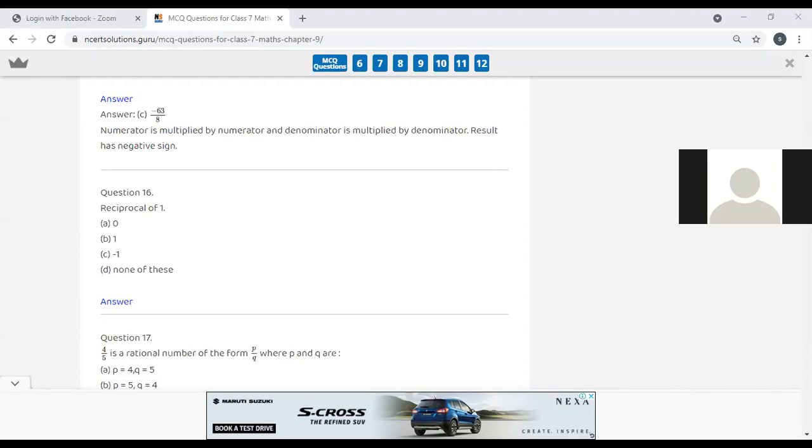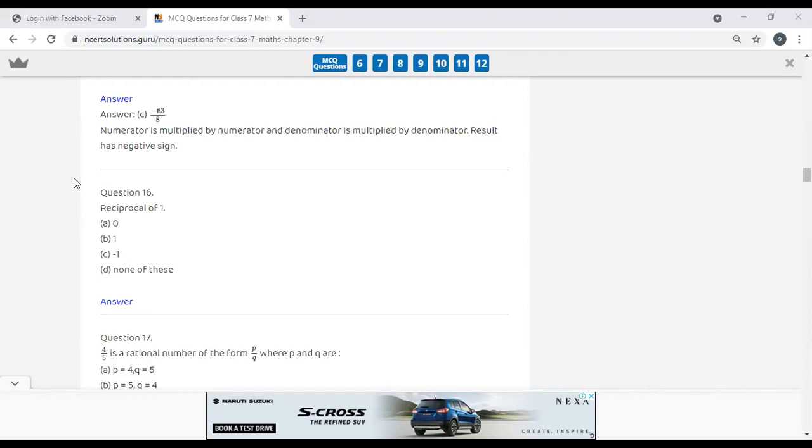Arpita, Rihanika, Jasleen, Prabnu. Yes, anyone from these 4 students? Arpita? Yes, Arpita. What is the reciprocal of 1? Ma'am, can I tell?